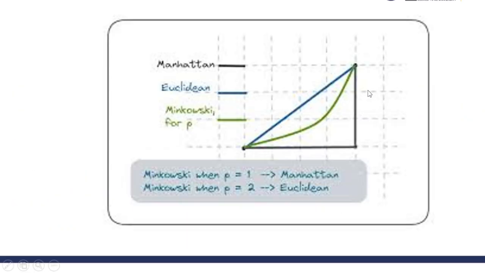So this is basically the Manhattan distance, considering like in a grid-like format. This is the Euclidean distance from point to point, and this is the Minkowski distance.